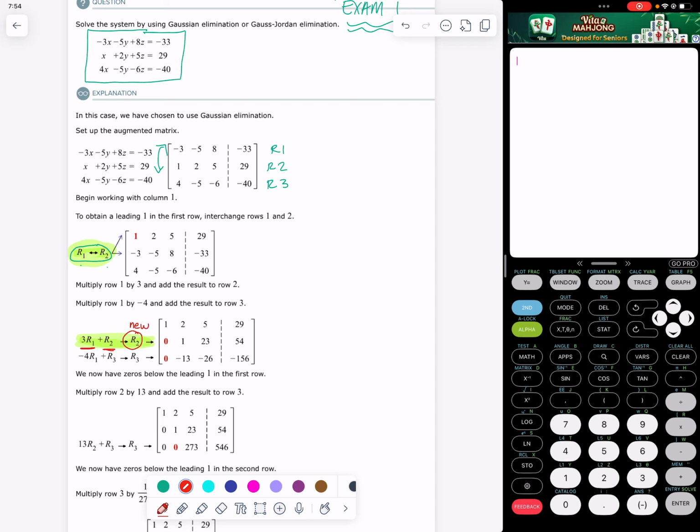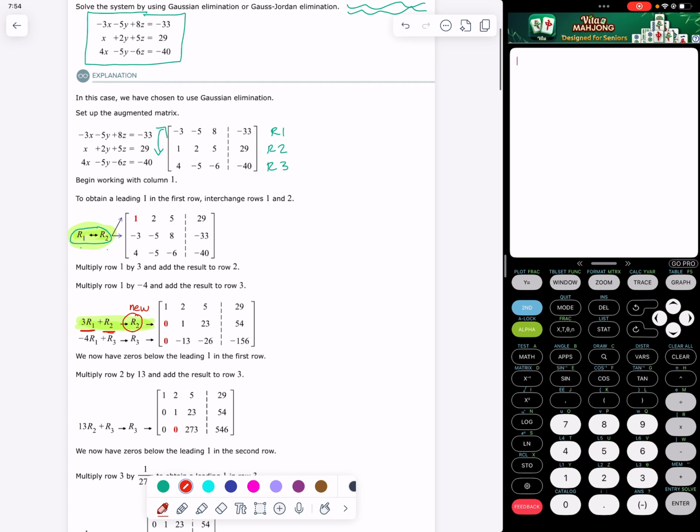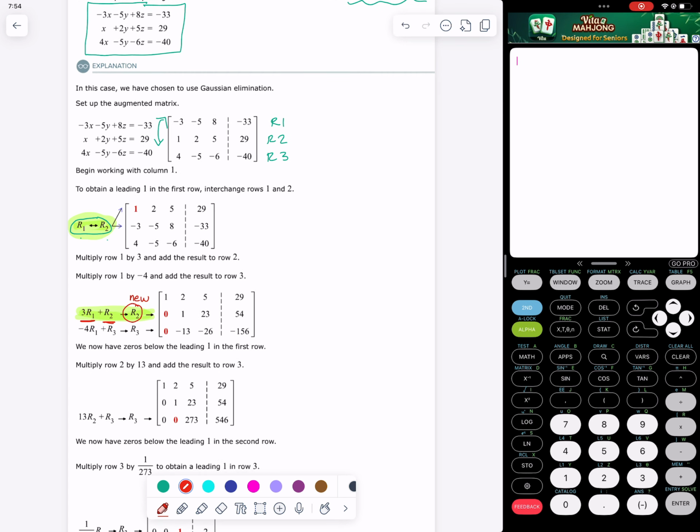So it goes through those steps right here. You'll multiply row 1 by 3, which is what this is, and you'll add that to row 2, which is what this is, and that becomes your new row 2.